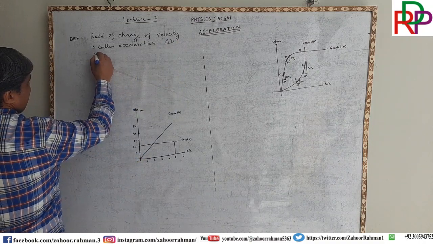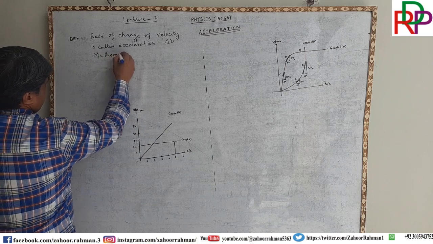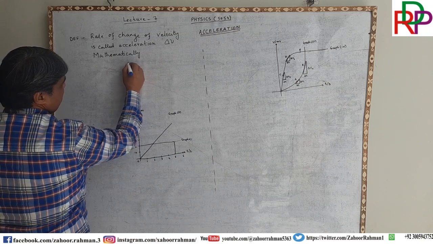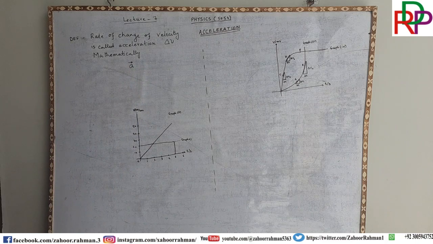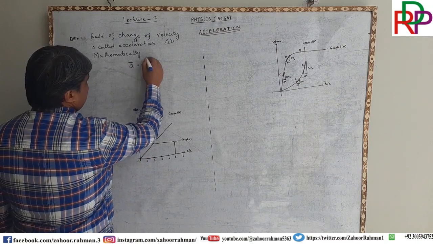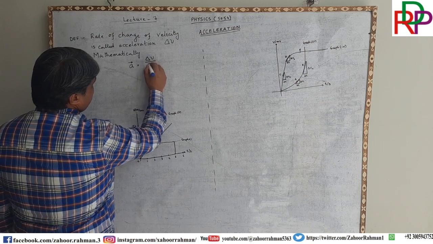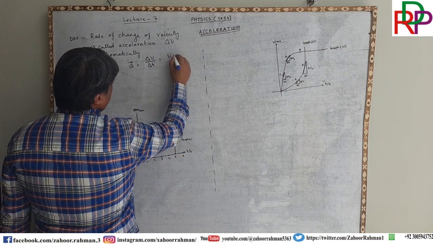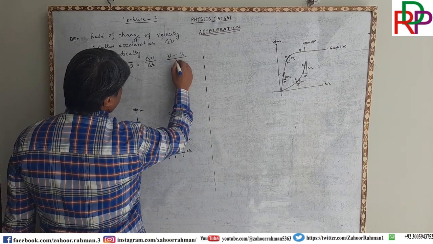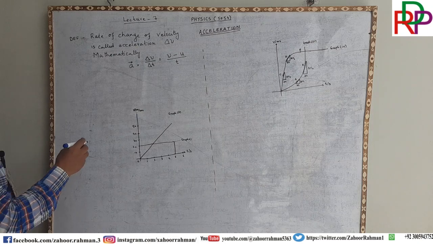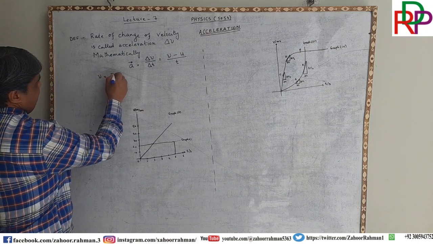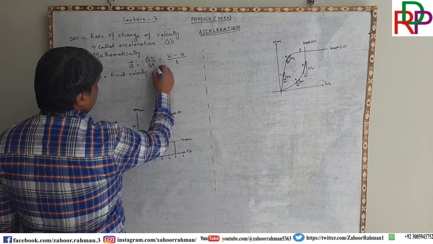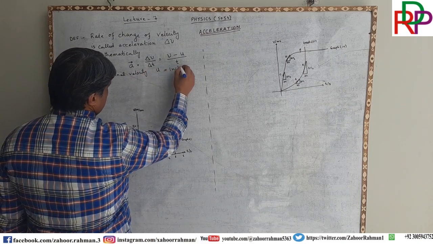So mathematically we can write that a is equal to, because this is a vector quantity, so you have to put an arrow head on it, delta v divided by delta t, and we can technically write it as v minus u divided by t, where v is the final velocity and u is the initial velocity.